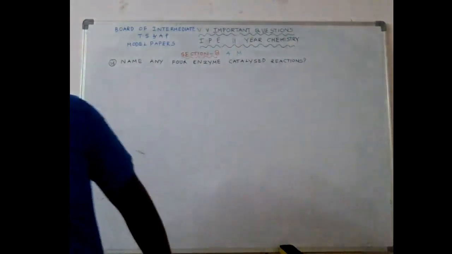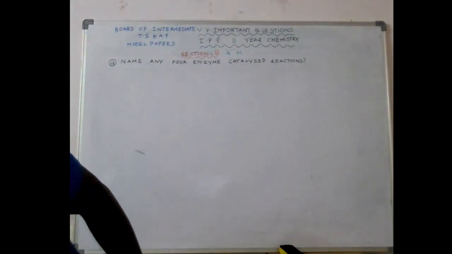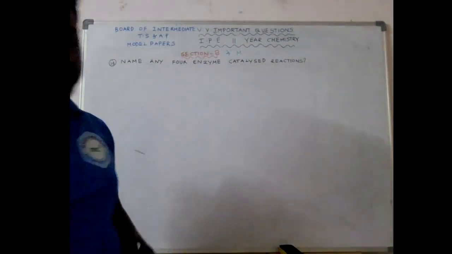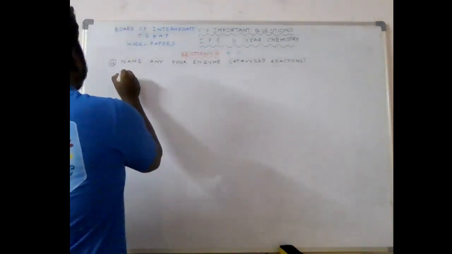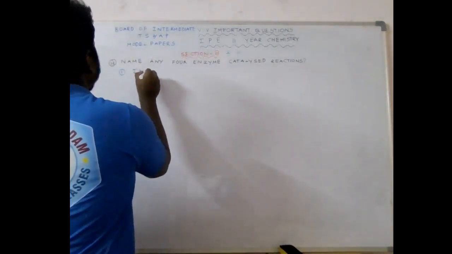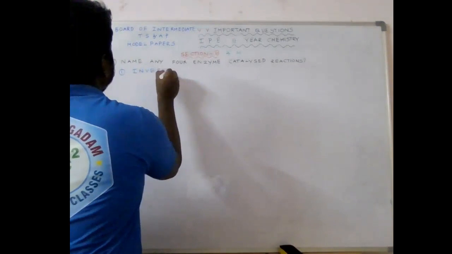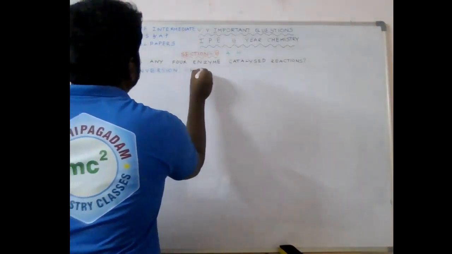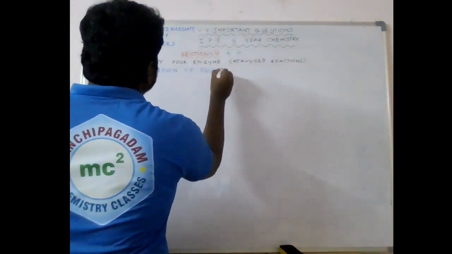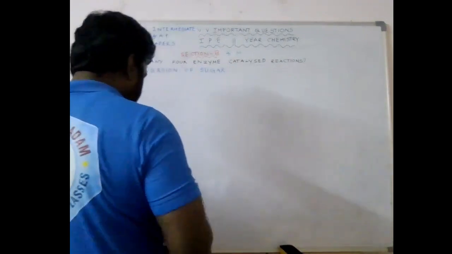The first one, you can say, is inversion of sugar. In the inversion of sugar, which enzyme is used, that also you have to write.